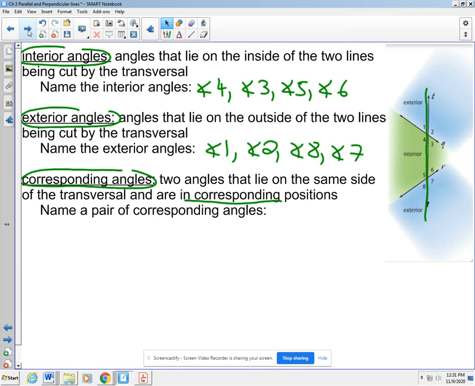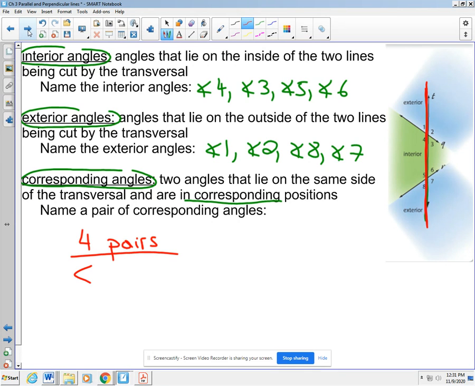But let's think about this. This is your transversal, okay? Corresponding angles lie on the same side of the transversal and occupy corresponding positions. So we have 4 pairs of corresponding angles. One of them would be angle 1 and angle 5.